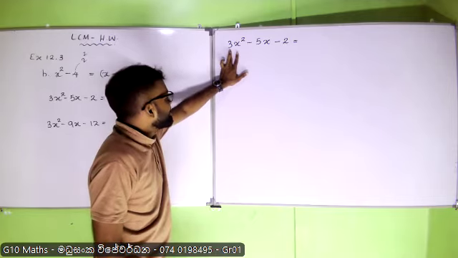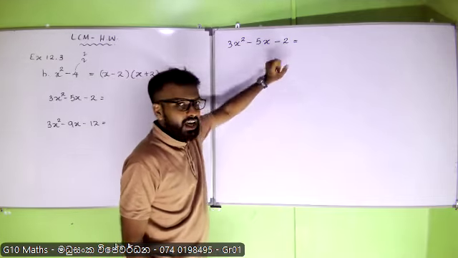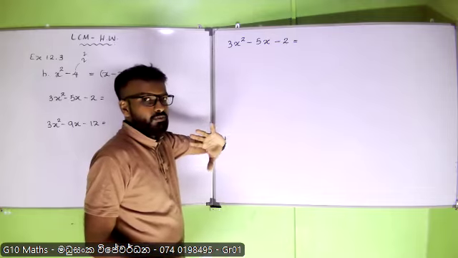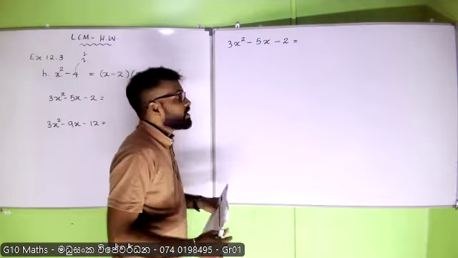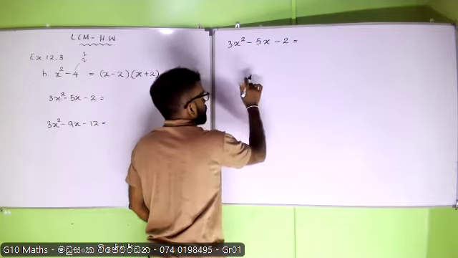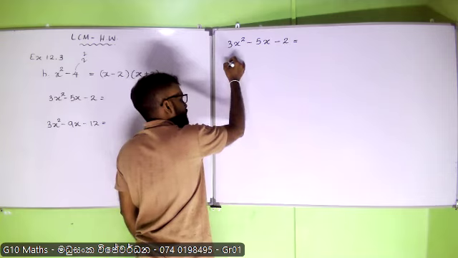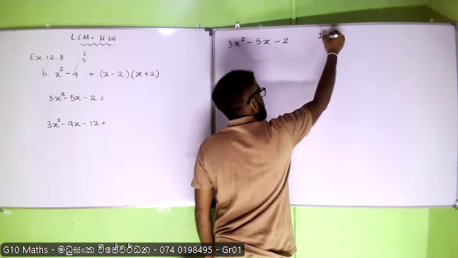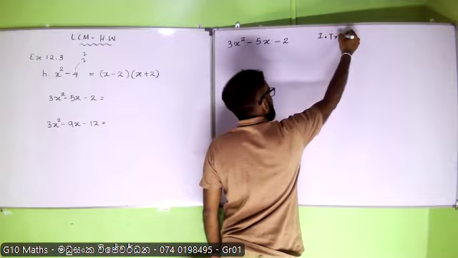So this is your initial term, middle term, and the last term. I am going to fully refresh your knowledge. This is the initial term and this is the last term, and I need to get the multiplication of the initial term and the last term.